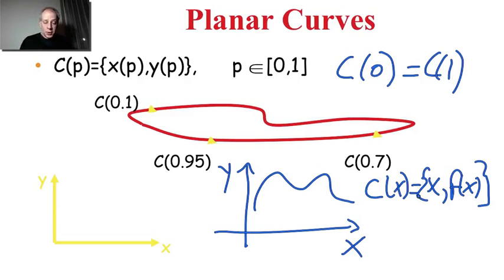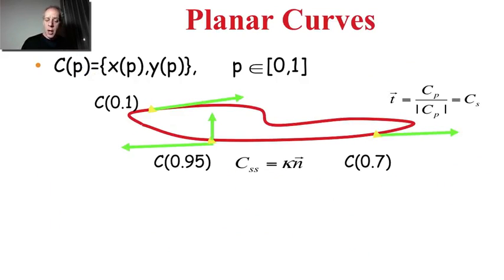Now, once we understand the curve, which is parameterized by this p, and we're going to discuss a lot about p in the next few minutes, there are a couple of very important concepts of curves on the plane. Two of them are the tangent and the normal, and also what we call the curvature, which we're going to explain in a second. Let's start from the tangent.